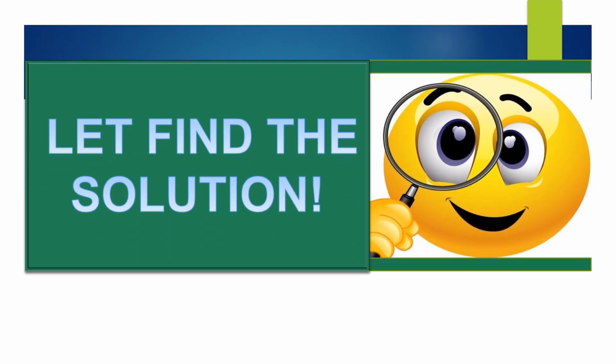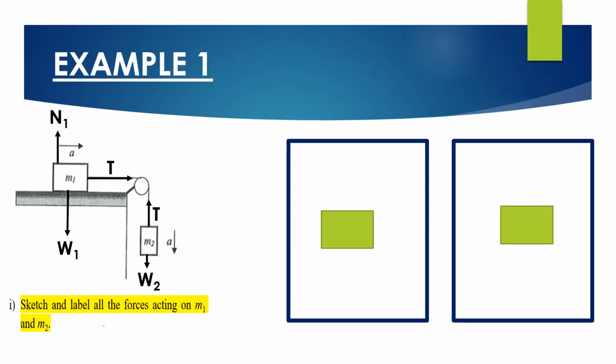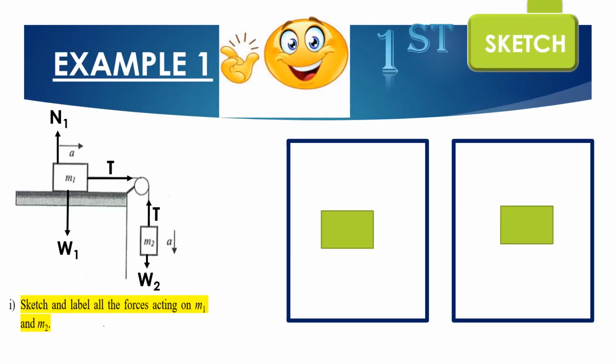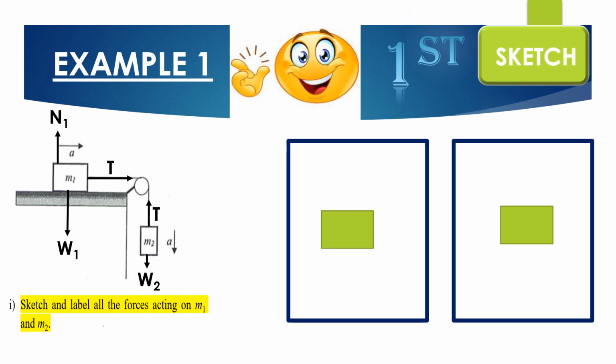Okay, let me find the solution. This is our first step. You need to first identify all the forces acting on the object, and then you label them. This is from the question.